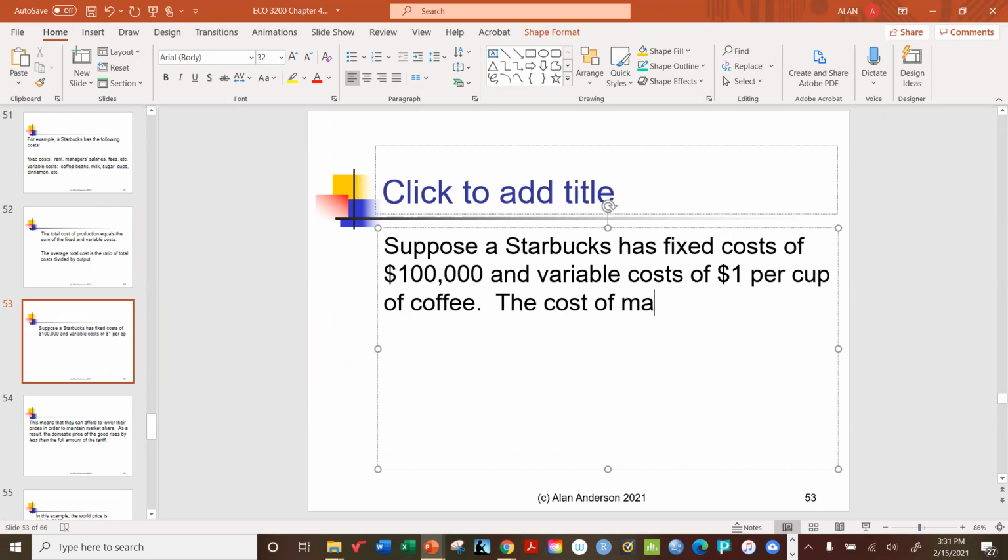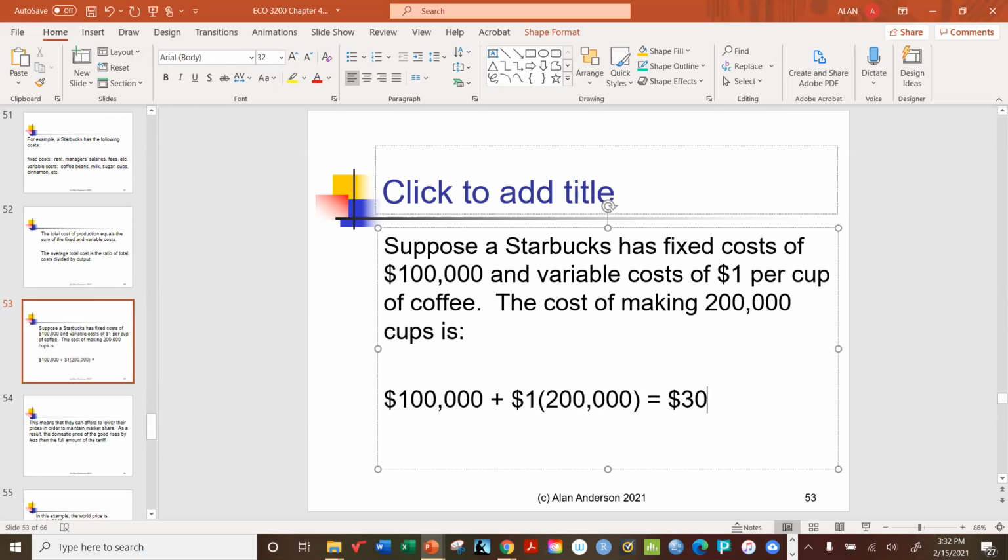The cost of making 200,000 cups is 100,000 in fixed costs plus $1 times 200,000 equals 300,000. So it actually costs us $300,000 to make those coffees.